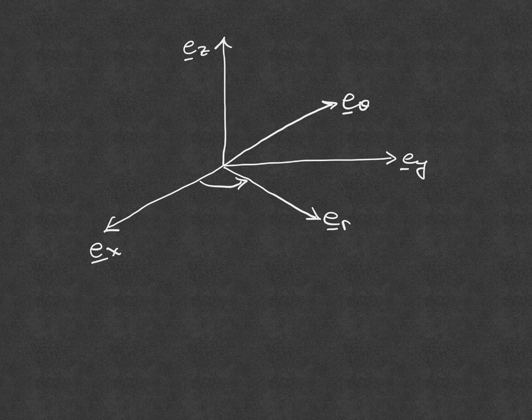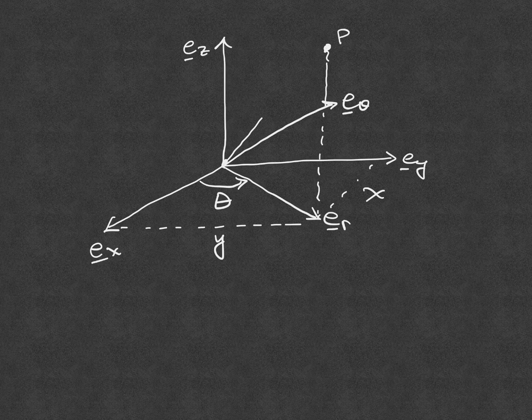I had this angle theta. That angle stays there, by the way. I still had these components, which were X, Y, and Z. So I had X, I had Y, and then there was the position of this point which was up here. Point P was up here, O was down here. This is the same diagram I had before.